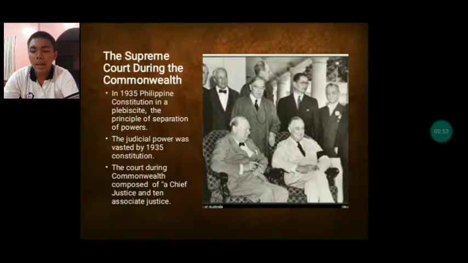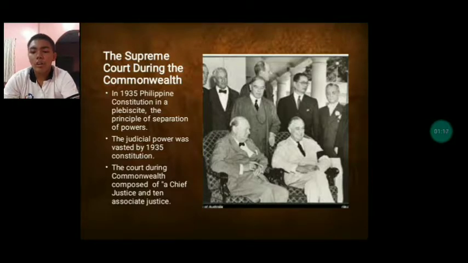The judiciary determines whether the acts of the departments are in harmony with the fundamental law.